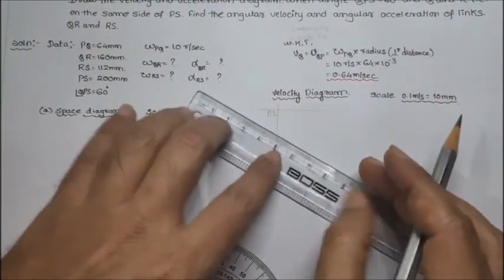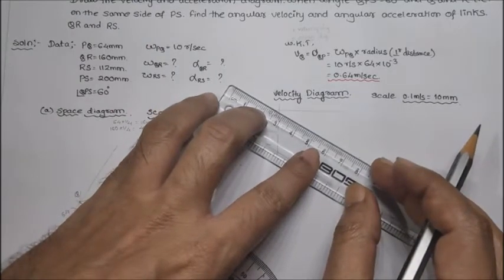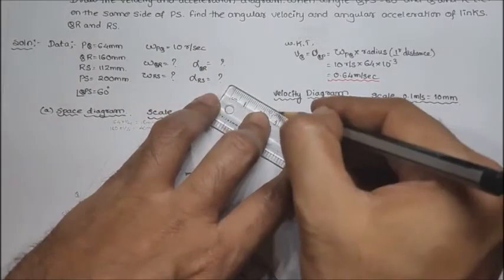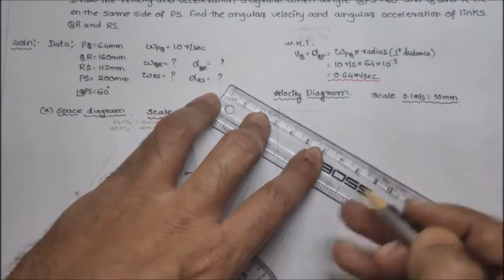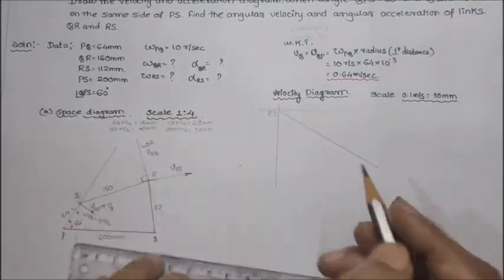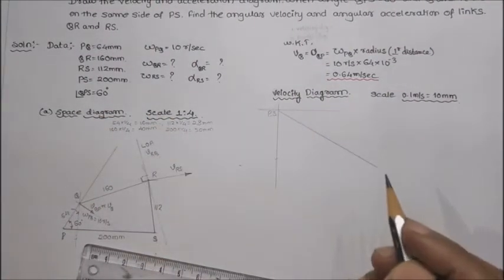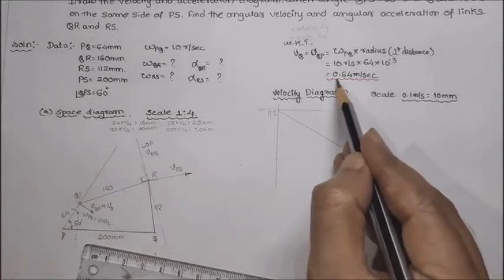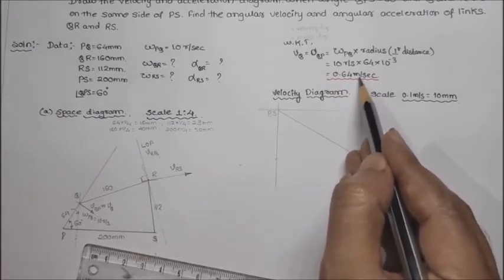Then draw a line in the downward direction, but this has to have some magnitude. What is that magnitude? 0.64 meter per second.